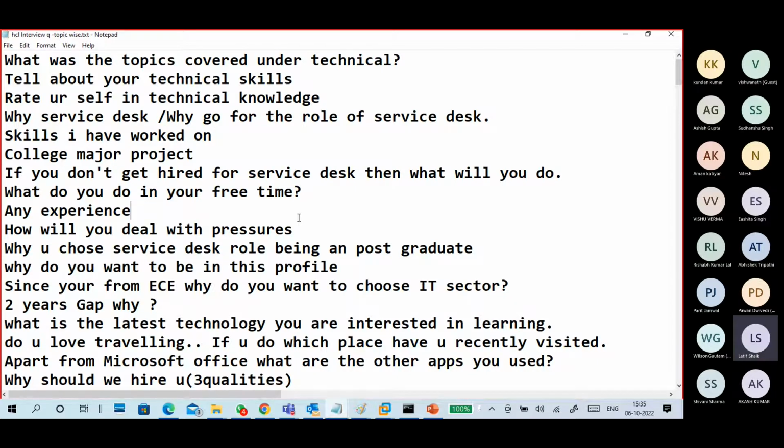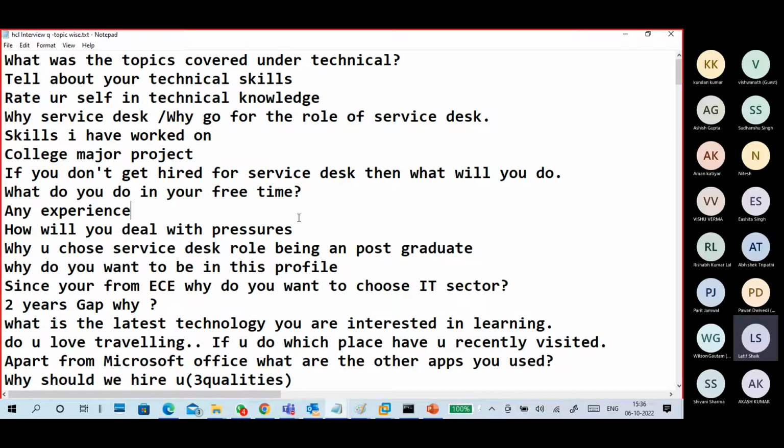Okay, skills: I have worked on a college major project. In a resume, it is compulsory to mention it because, as a fresher, you have to mention your final year project. So speak about your final year project also.